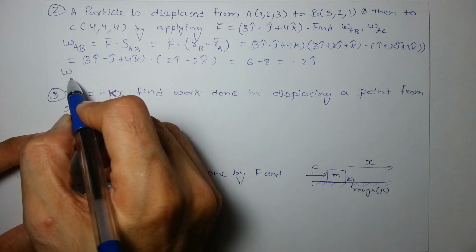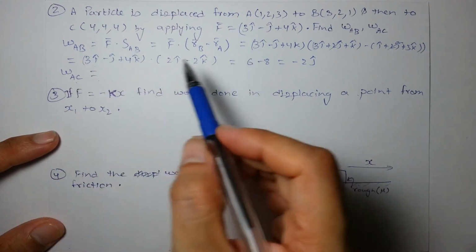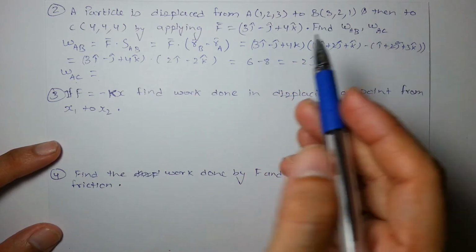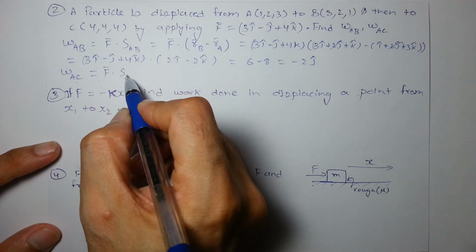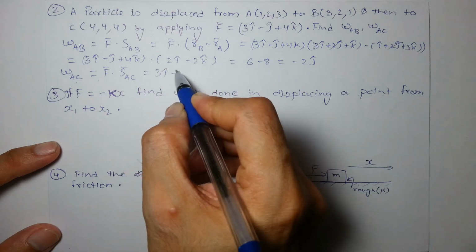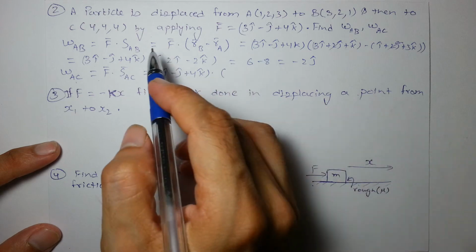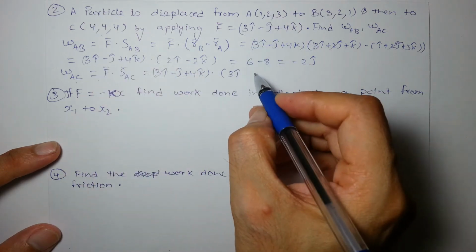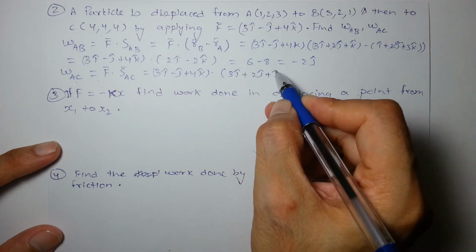And work A to C. Again, the work A to C is independent whether we are moving via B or via any other point. It simply depends on force and displacement A to C. Force is again 3i minus j plus 4k and displacement A to C, C minus A, is 3i plus 2j plus k.